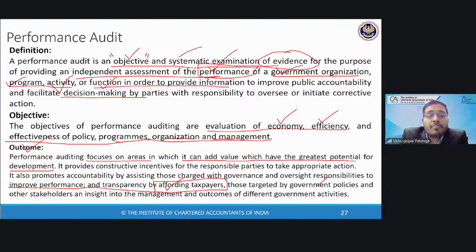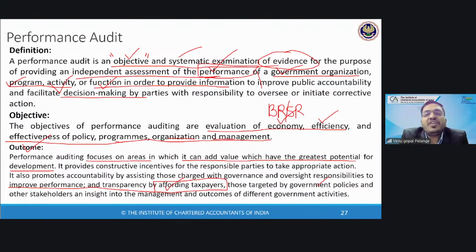So let us see what is economy, what is efficiency, what is effectiveness. So economy, if you want to understand, is buying right or spending right. Make a note of it. What is economy? Economy is spending right or buying right.